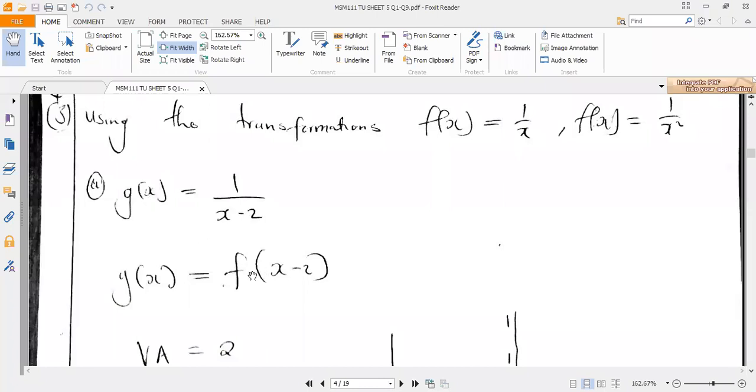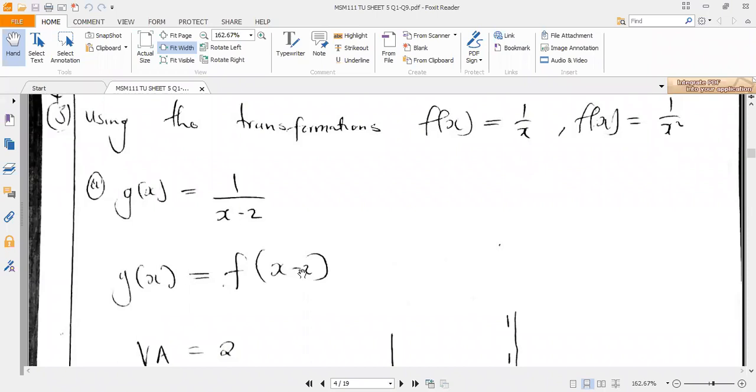So that's why we're saying that when you have the function f and you plug in x minus 2, it will be equal to g of x. That's how we start the transformation. So you notice that x minus 2 here simply tells you that we're shifting from the origin, going 2 steps.